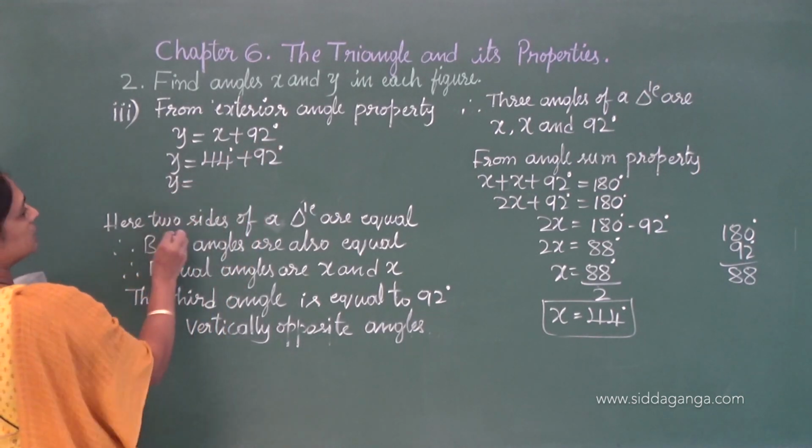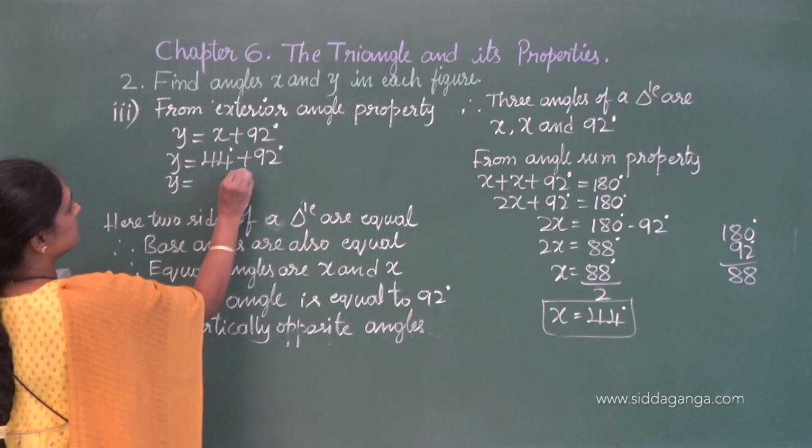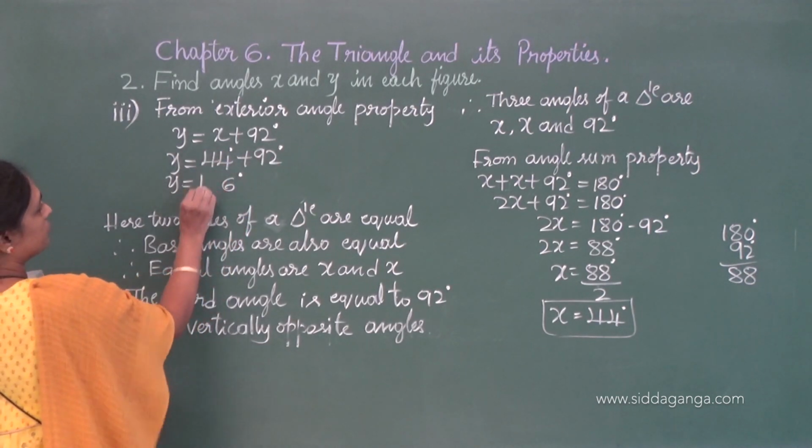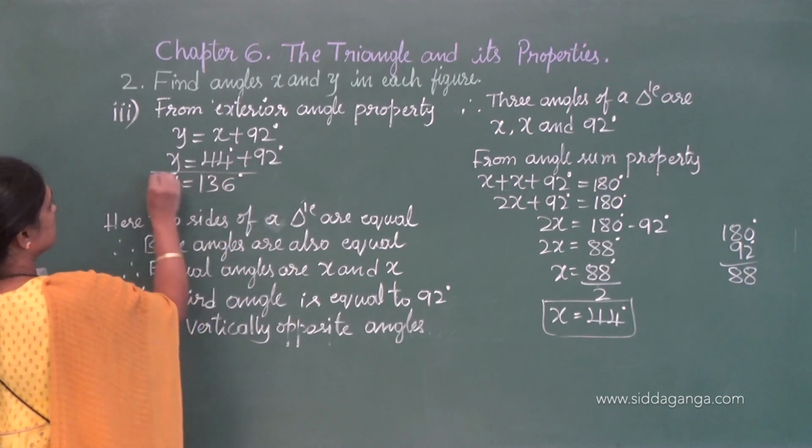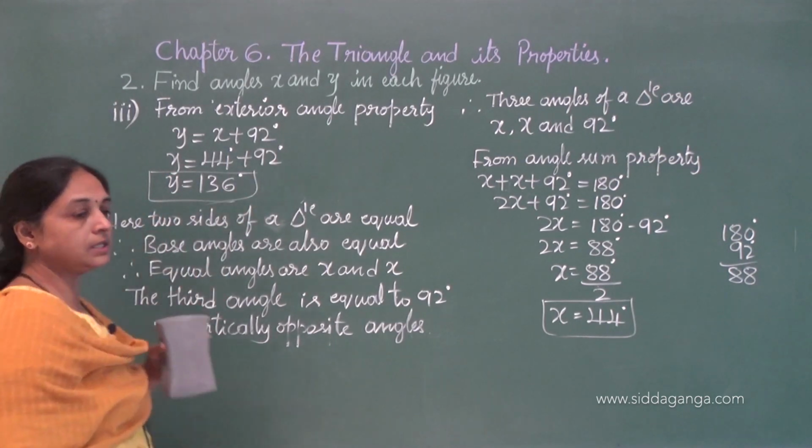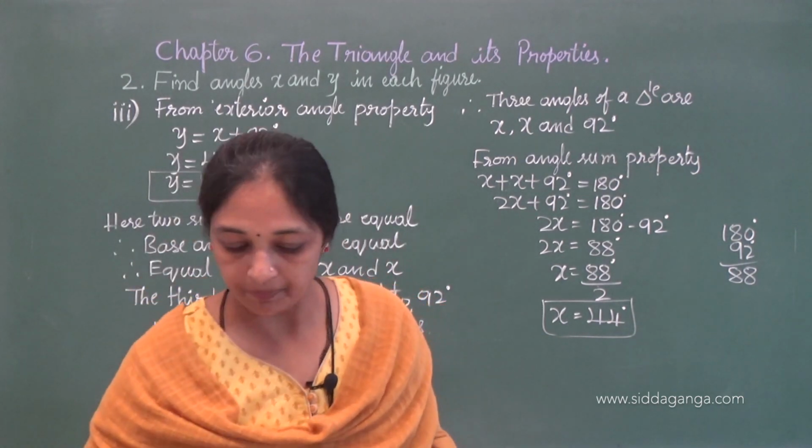Then that is equal to 4 plus 2 is 6, 9 plus 4 is 13, 136 degree. The value of y is 136 degree.